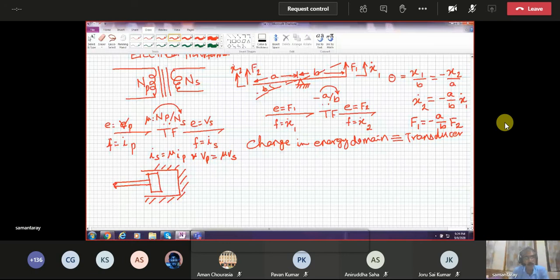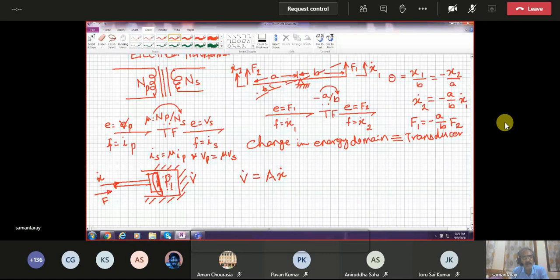So in this one, let's say you have a velocity here, x dot, and force here, F. Here the effort variable is pressure and the flow variable is volumetric flow rate. So what we get, V dot is the cross-sectional area A times x dot. This area is A. What else do we get?